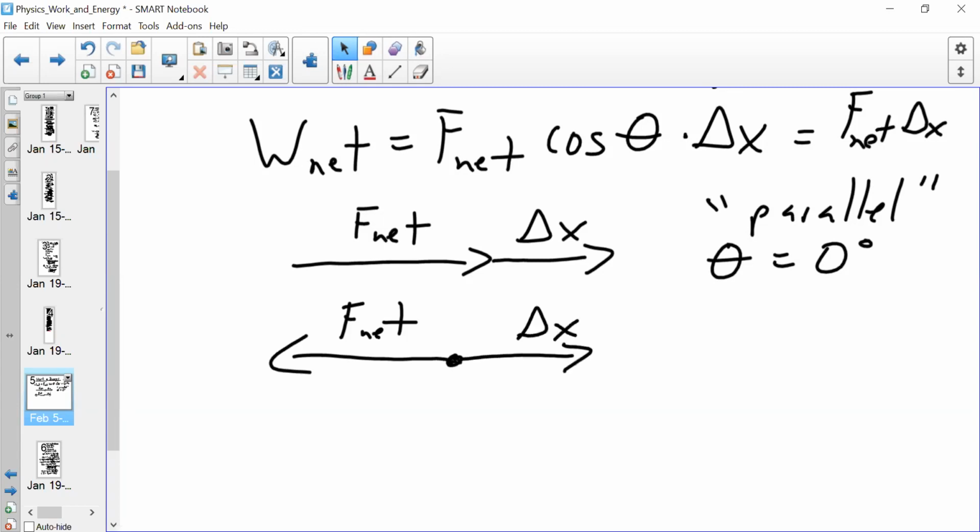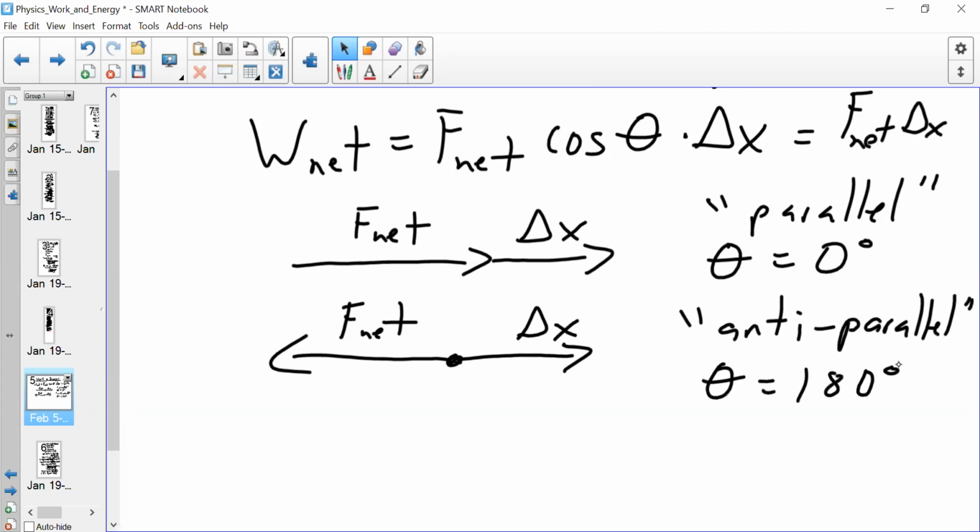Say the object is moving to the right, but friction is moving to the left. This is a situation where the force and the displacement are anti-parallel, opposites, and theta is 180 degrees. So those are the two conditions by which you can do work. Either x-axis the same way or the y-axis the same way. And we'll get into the y-axis when we deal with potential energy next week sometime.